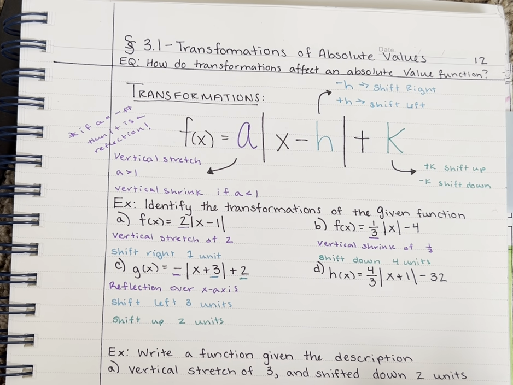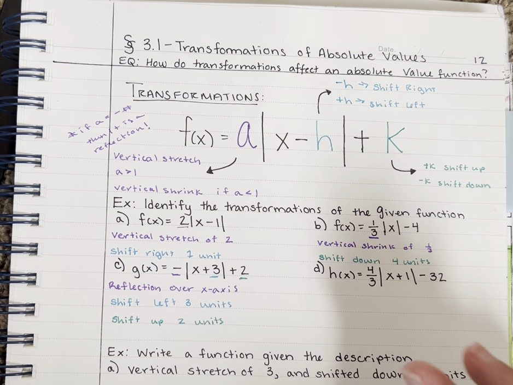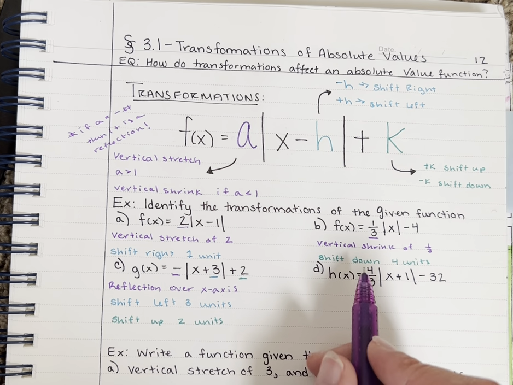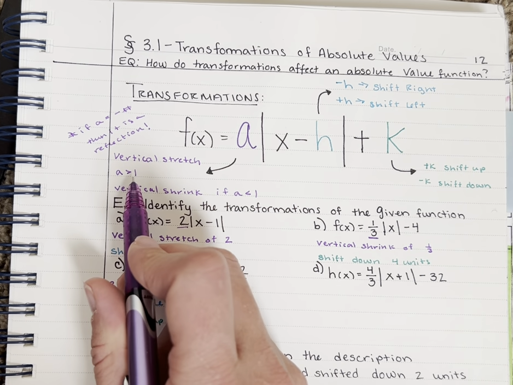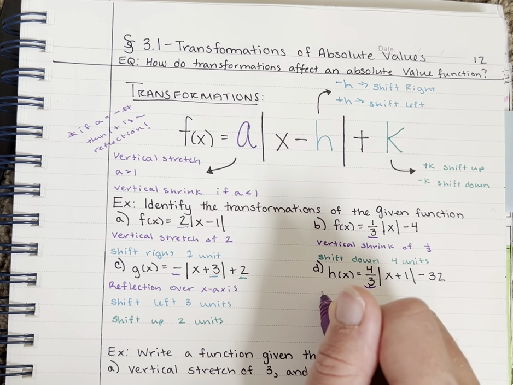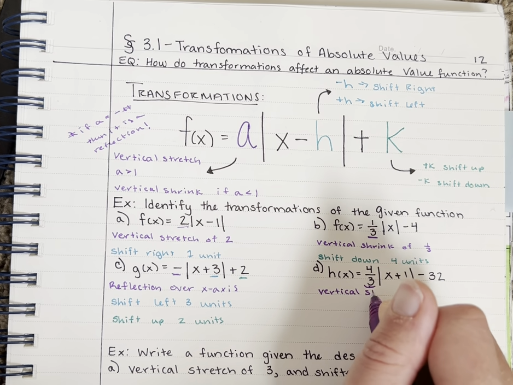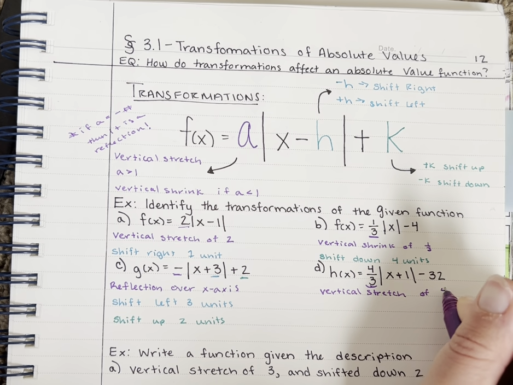So last one, I have 4/3 x plus 1 minus 32. Again, I've got three things happening. The 4/3 is an A value, and sometimes what we get confused on is we think 4/3, well, that's got to be less than 1. Well, 4/3 as a fraction is 1 1/3, so that's actually bigger than 1, which means this is going to be a vertical stretch of 4/3.